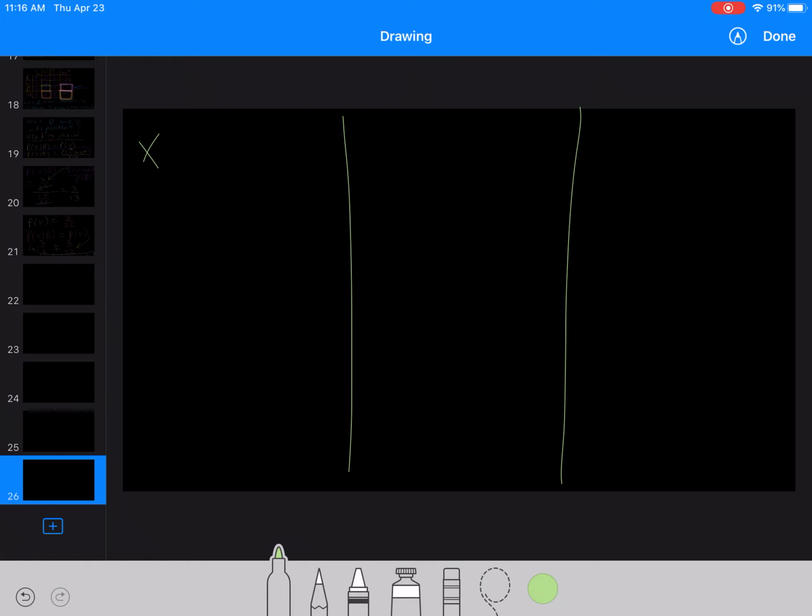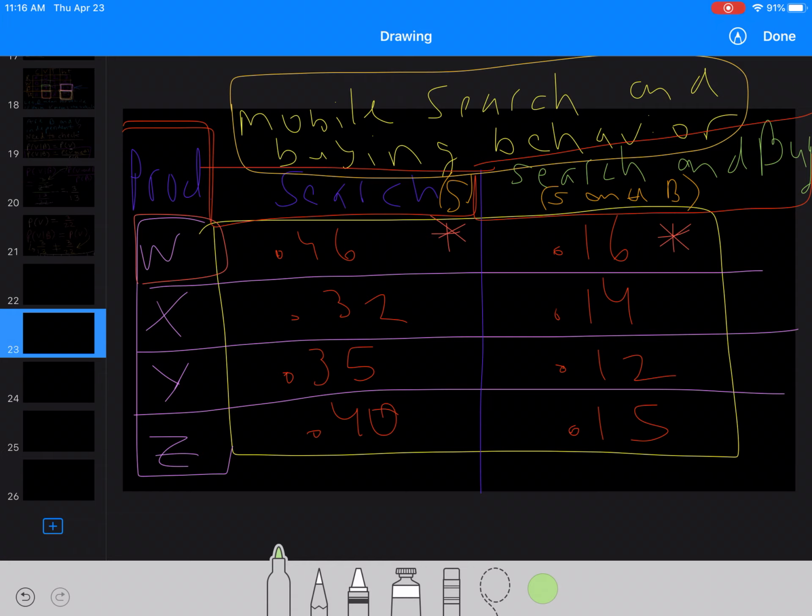Okay, so X, remember we have to do probability of S and B over just the probability of S. So going back to the table, X, the probability of S and B is 14%, which is 0.14.